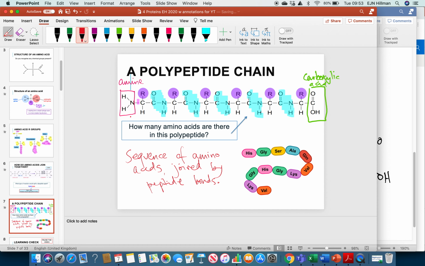Okay, this is what we also refer to as the primary structure. And the primary structure, the definition for that is this idea of a sequence of amino acids joined by peptide bonds. Those peptide bonds form between a carboxylic acid group on one amino acid and the amine group on the next.